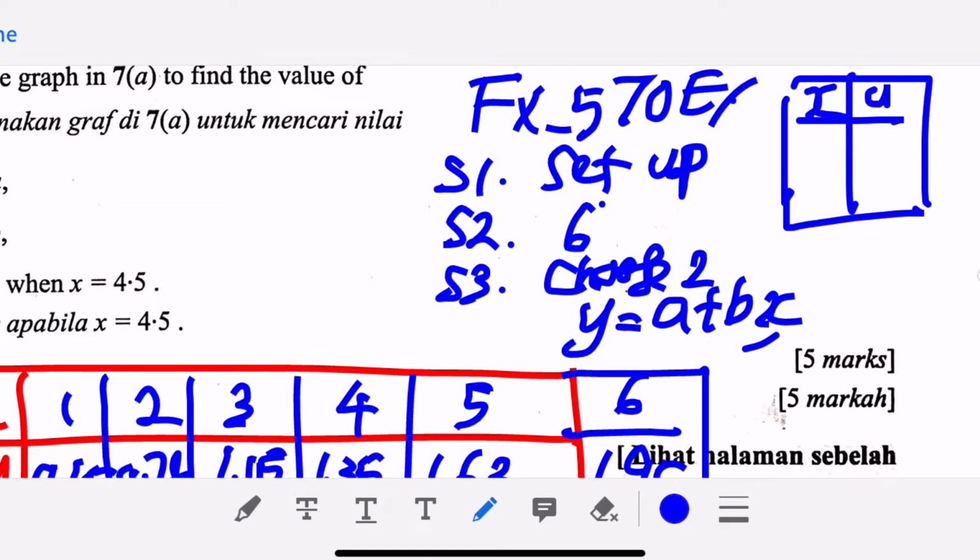After you key in, the final step is you press the option OPTN.